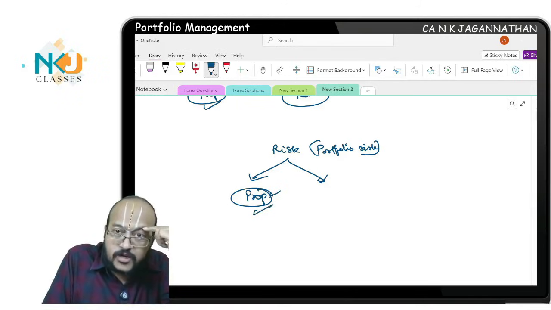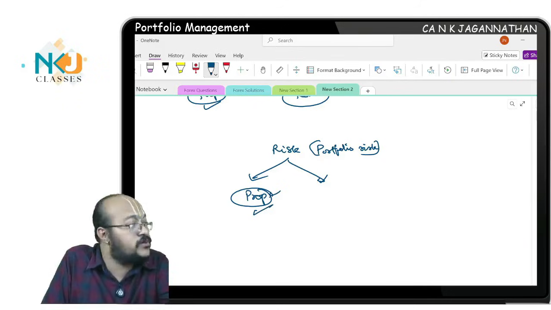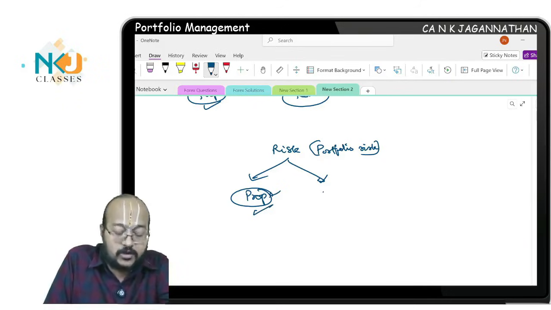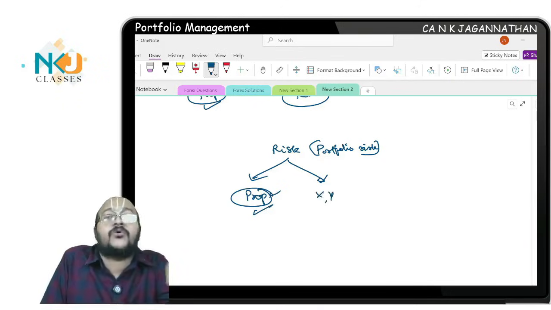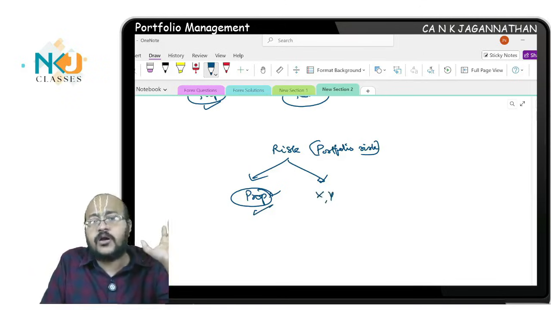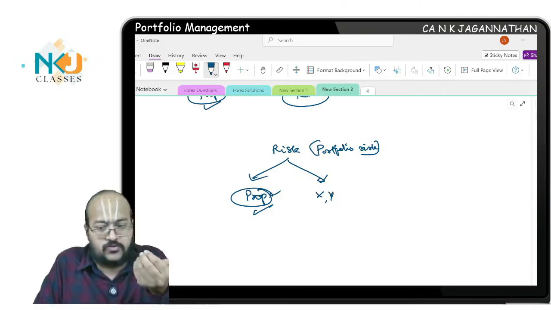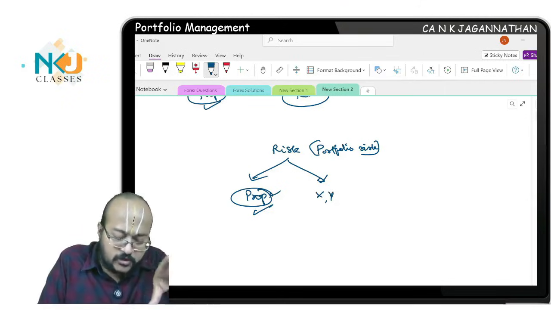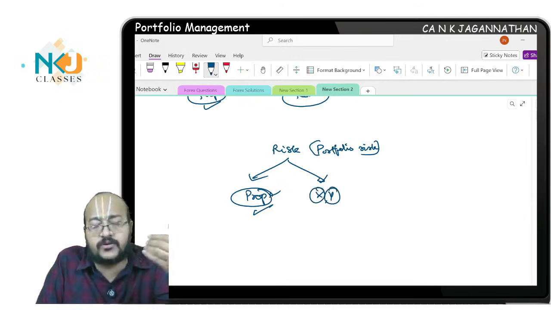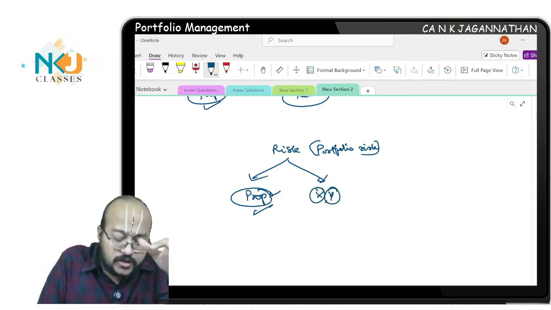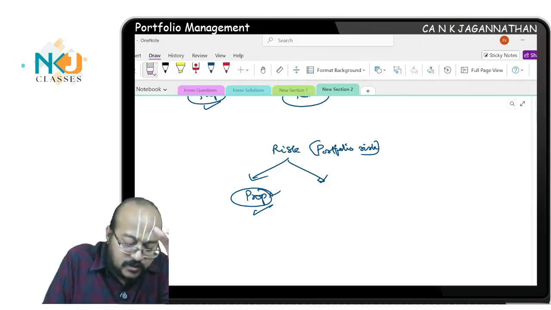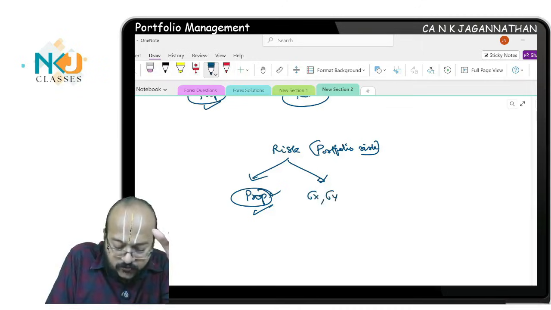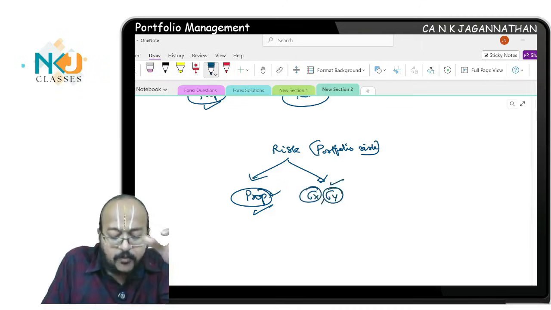Then the risk of the individual security, security X or security Y, will obviously influence. Are you understanding? So the risk of security X and the risk of Y will obviously have an impact on the portfolio risk.